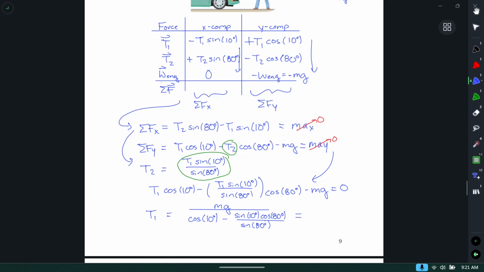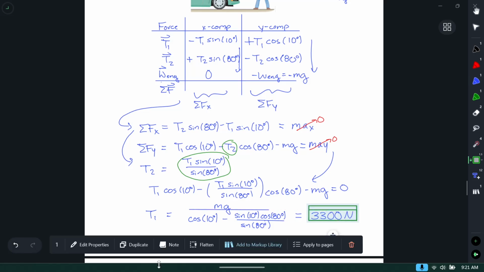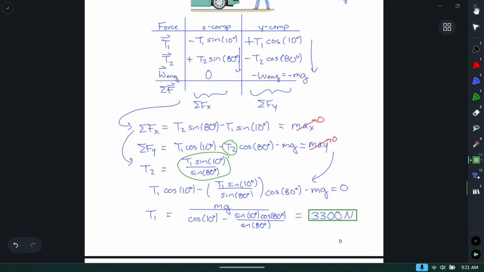So we can calculate that. We should get about 3,300 newtons. So that's the size of the tension in rope 1.